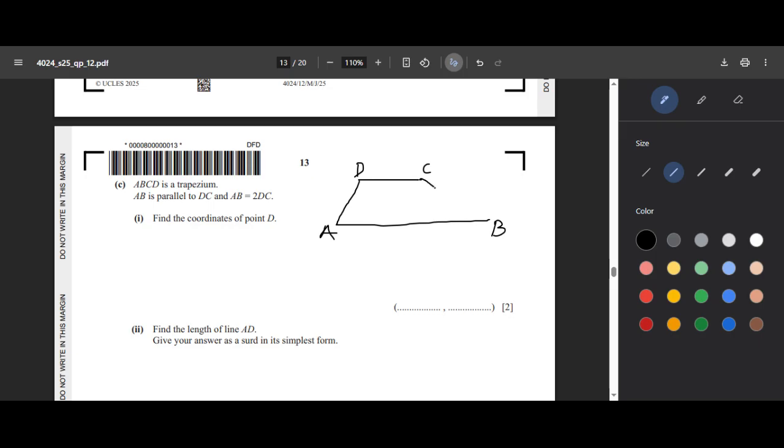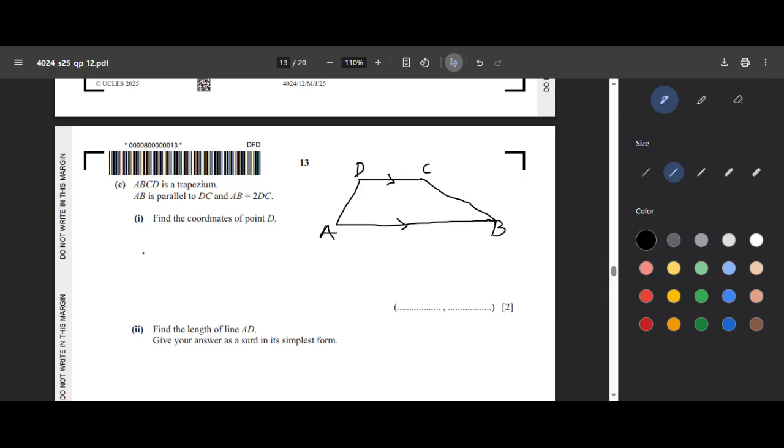Join कर दें. AB is parallel to DC, right? कहता है कि find the coordinates of D. So these two sides are parallel, simple, right?